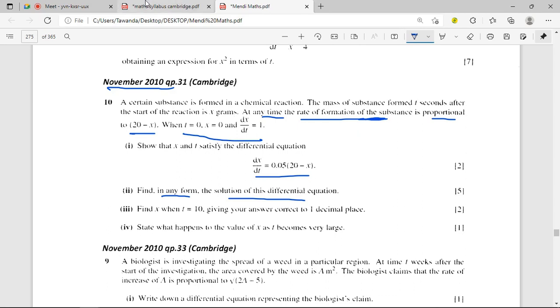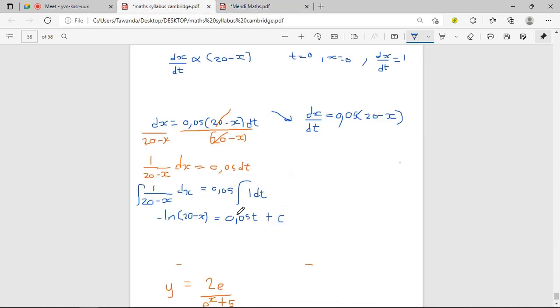Where there is x, put 0. If we have t as 0, we are going to remain with c only. Where there is x, if we put 0 here, we are going to get minus ln 20. So our c is negative ln 20, right?